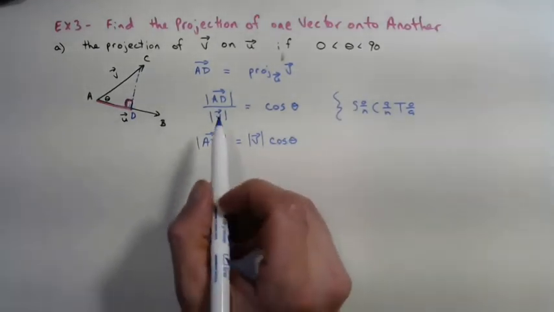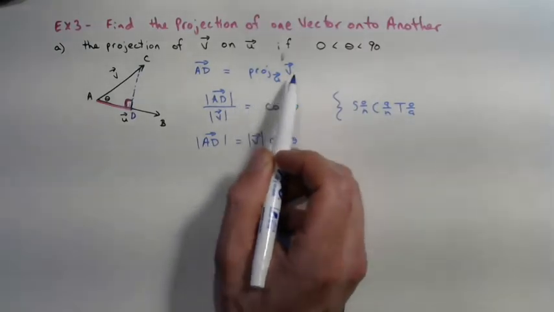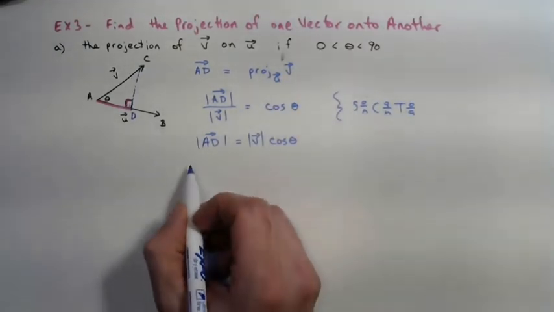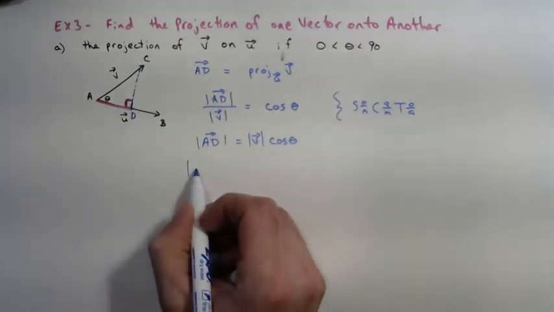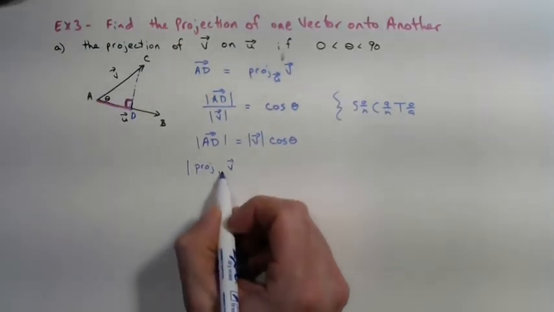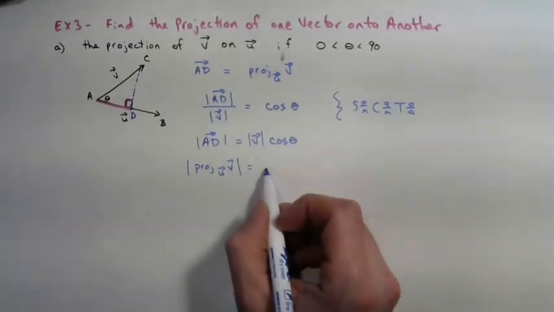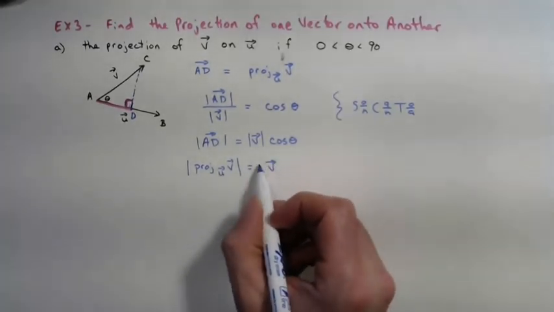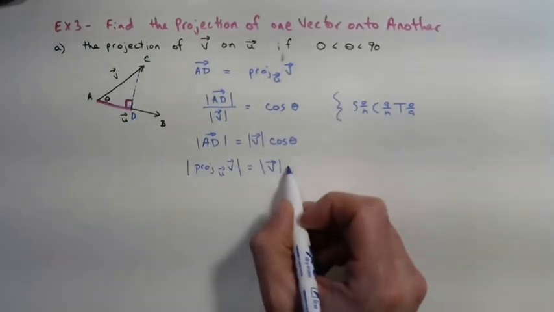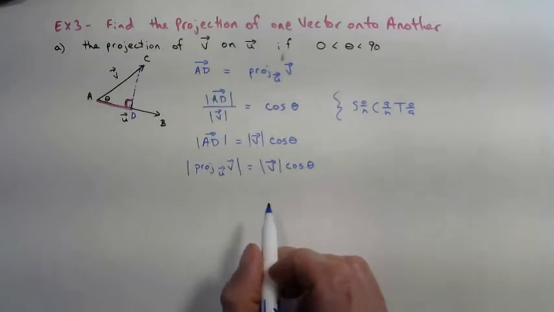And we've already stated that AD is the projection of V onto U, so I'm going to replace that. We're talking about magnitude still. So the magnitude of the projection of V onto U is equal to the magnitude of vector V times the cosine of theta.